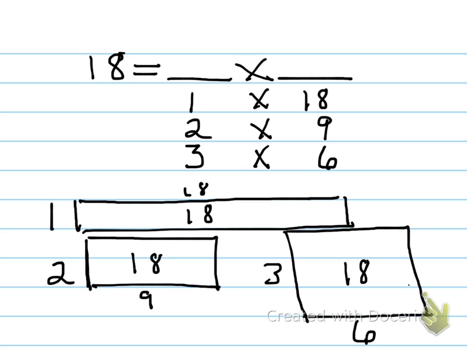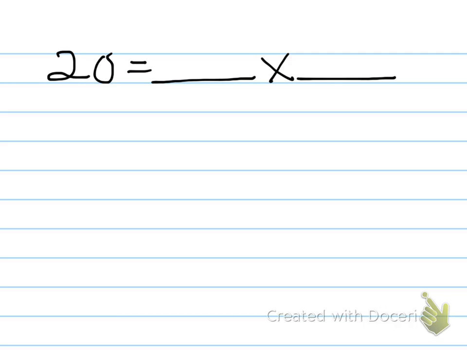Let's try another one. This time, boys and girls, we're going to find the factors of 20 without using graph paper. So here is 20. 20 equals what two whole numbers? We know that 1 times any number gives two factors of 20. 1 times 20 is 20.